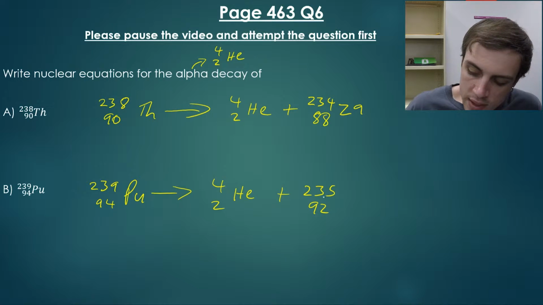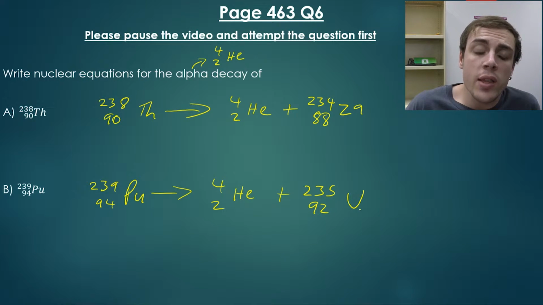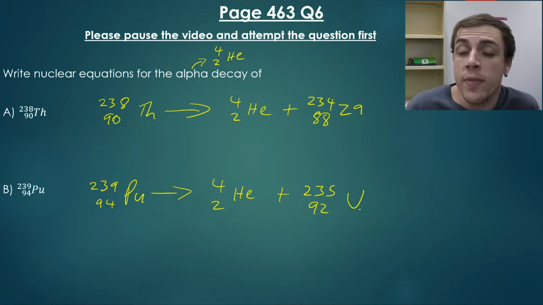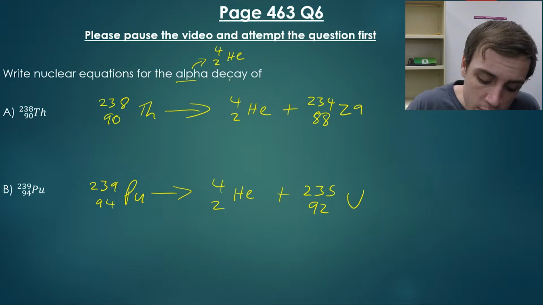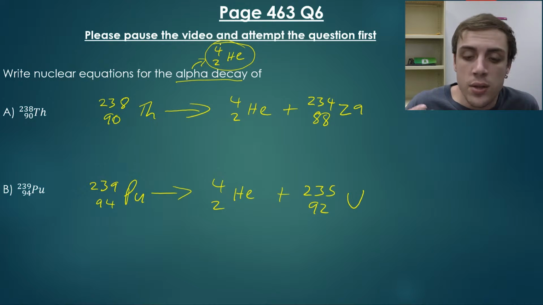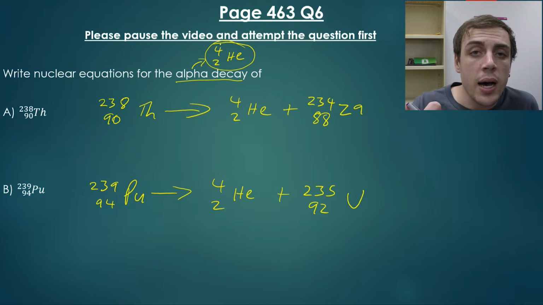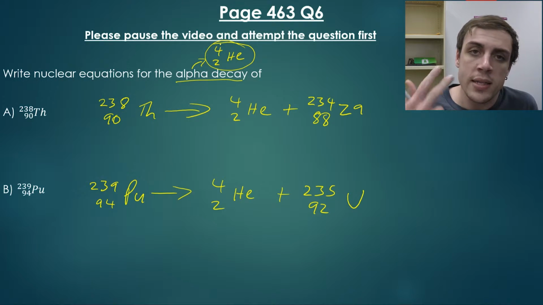And if you look on the periodic table for 92, that gives us uranium. And that's it. So that's how we write the nuclear expression of alpha decay. Biggest thing to take away from here is that alpha decay is a helium nucleus. So if you have the different types of nuclear emissions, so alpha particle, beta particle, and gamma rays, you're laughing.